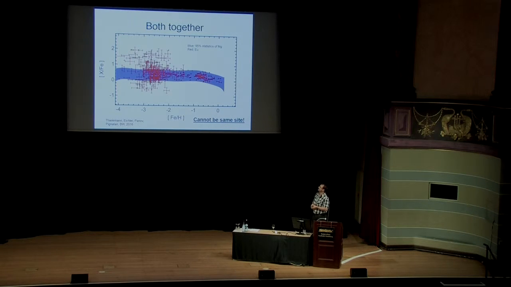So at very low metallicities, we have a scatter that is really large compared to standard alpha elements. So what we know from theoretical supernova calculations, but also from these considerations, is that this cannot be the same site where it's produced.